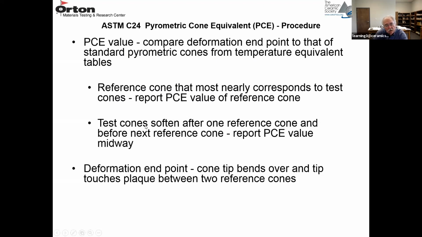Sometimes the test cone softens after one reference cone goes down and before the next one, so it's between two standard cones. So then you report the PCE value midway between those two cones. And the deformation endpoint is where the cone tip bends completely over and touches the cone plaque. So you watch the cone bend down until it touches, and then you compare it to the reference cones.